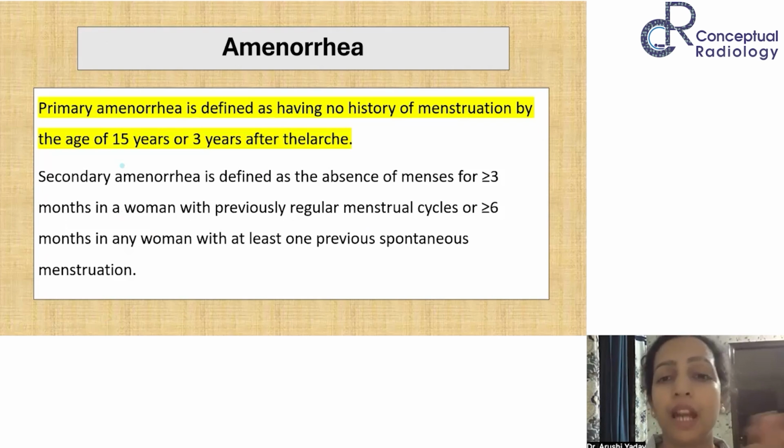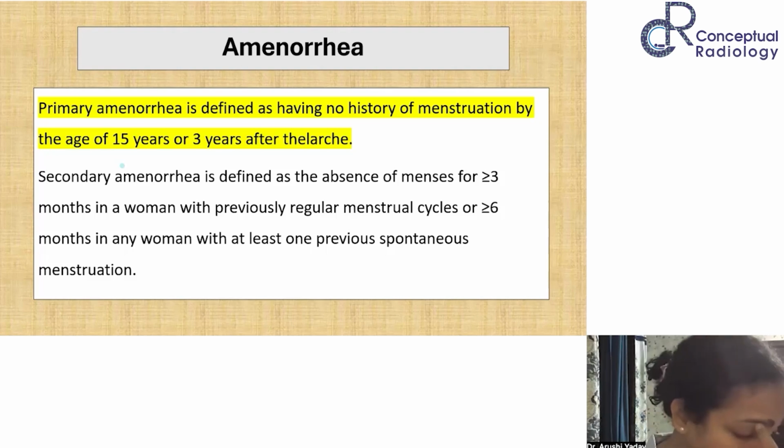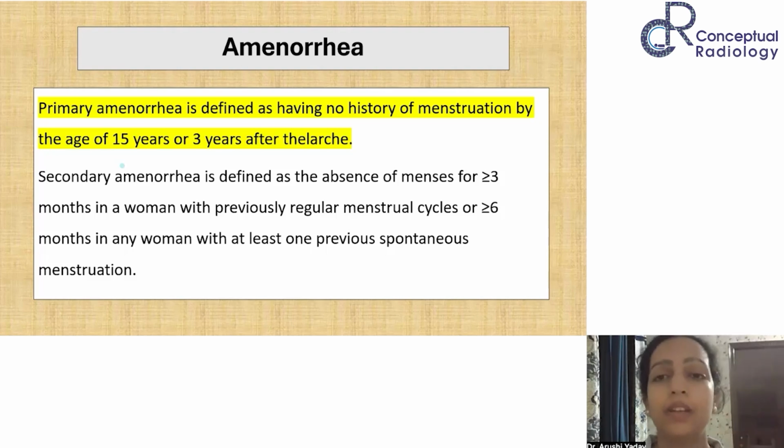If she had regular cycles, then 3 months is enough, or she should have 6 months of amenorrhea in any woman who had at least one previous spontaneous menstruation. For irregular cycles, you can consider 6 months, or if the patient says, "I was having regular cycles, but since 3 months I've not had them," then it goes into the category of secondary amenorrhea. So the case scenario that we're talking about is primary amenorrhea.